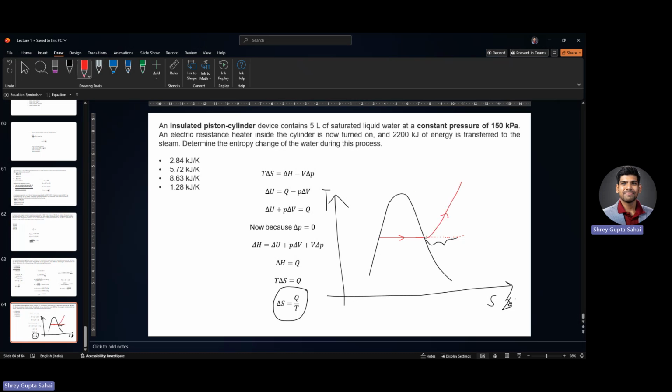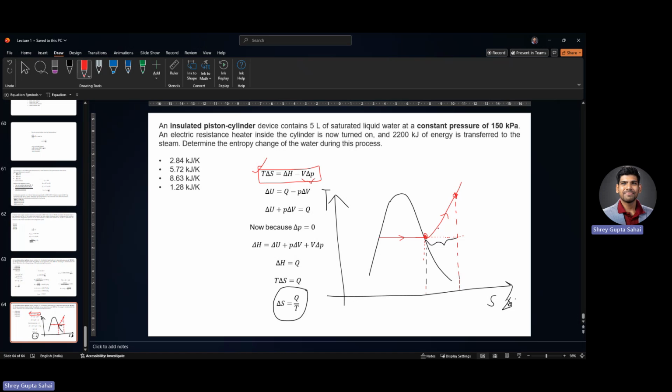Between this point and this point, this thing will still hold. If you move somewhere here, even then this will hold.